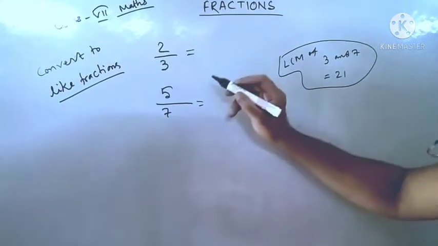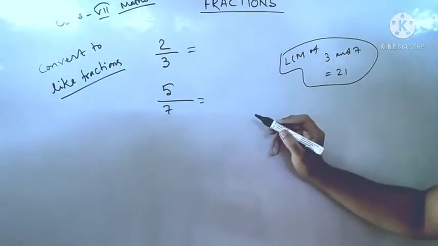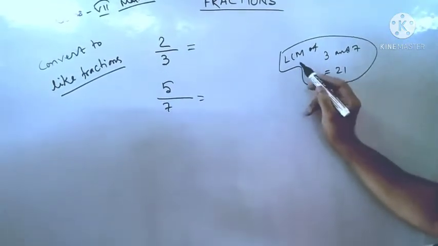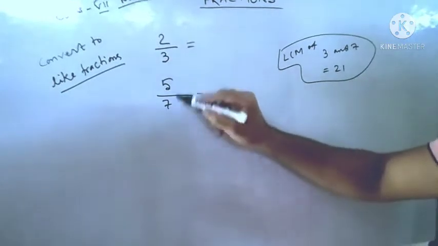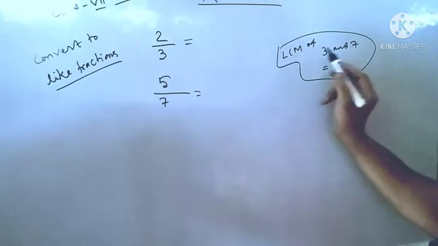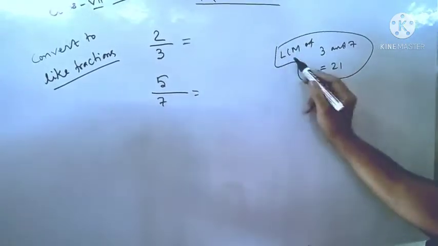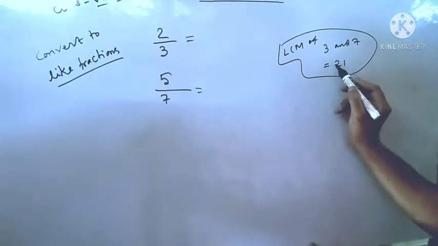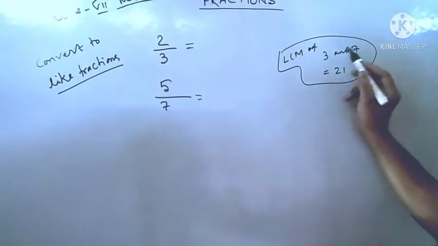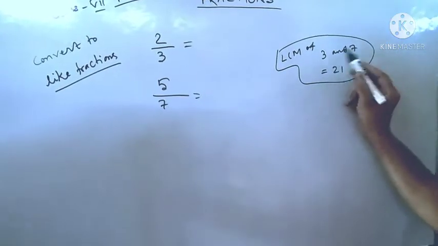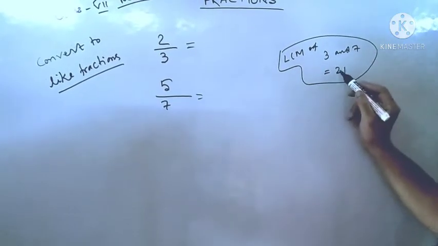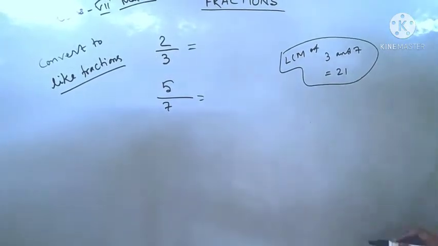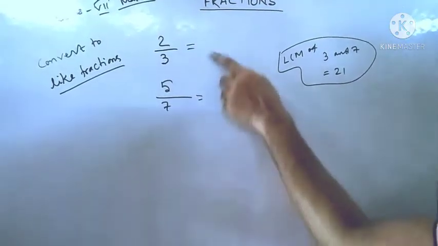So to get the same denominator we have to find the LCM of the denominators. 3 and 7 are the denominators. The LCM of 3 and 7 is 21 because they are prime to each other, so 3 into 7 means 21. 21 is the LCM, so we make the denominator 21 in both the fractions.